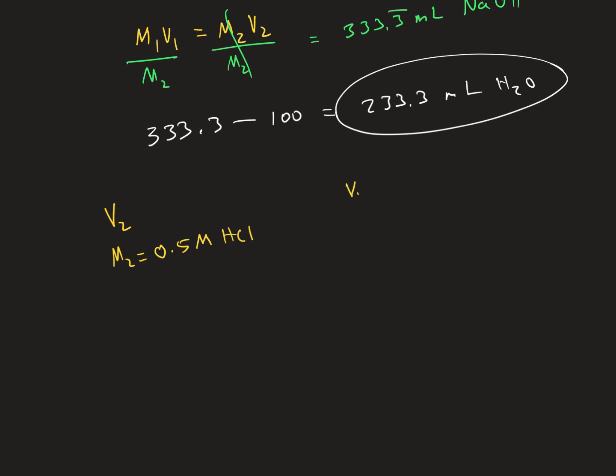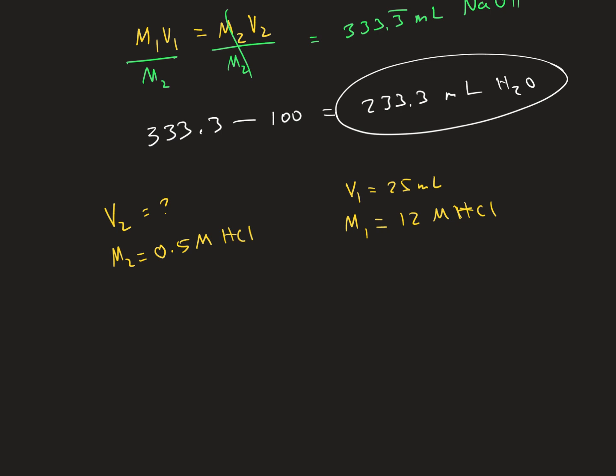So our V1 is 25 milliliters, and our M1 is 12 molar concentration of HCl. And we're looking for V2.